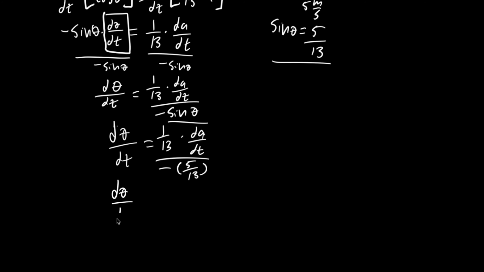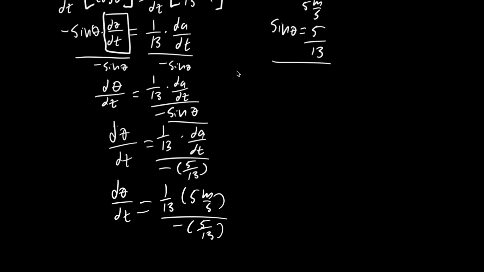So plug in 5 for derivative of A with respect to time. 1 over 13 times 5 is 5 over 13. Divided by negative 5 over 13 is going to be just negative 1.